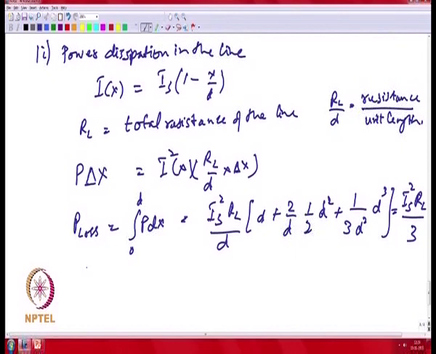So, this is the power loss per phase of the feeder line. So, you multiply by 3 to get the total loss on a 3-phase basis.